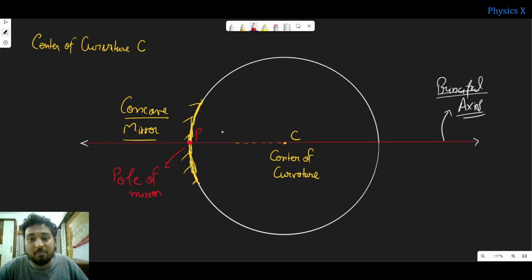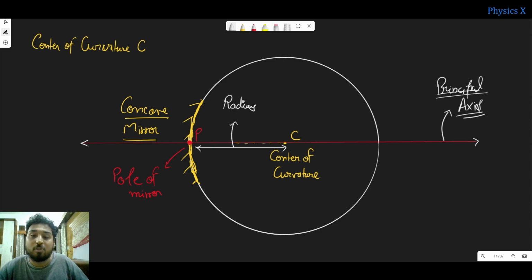So the pole is represented by P, and the center of curvature by C. Obviously you can see that this distance from the pole to the center of curvature of this mirror is called the radius of curvature.